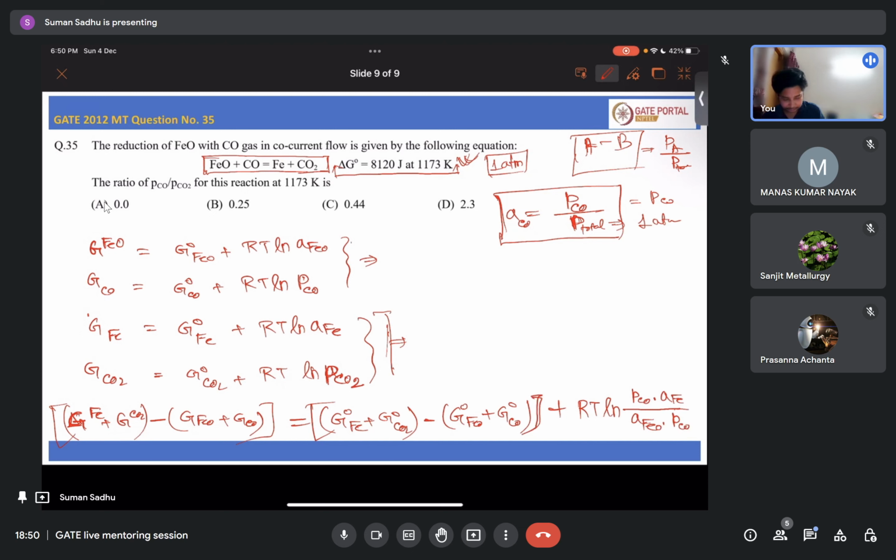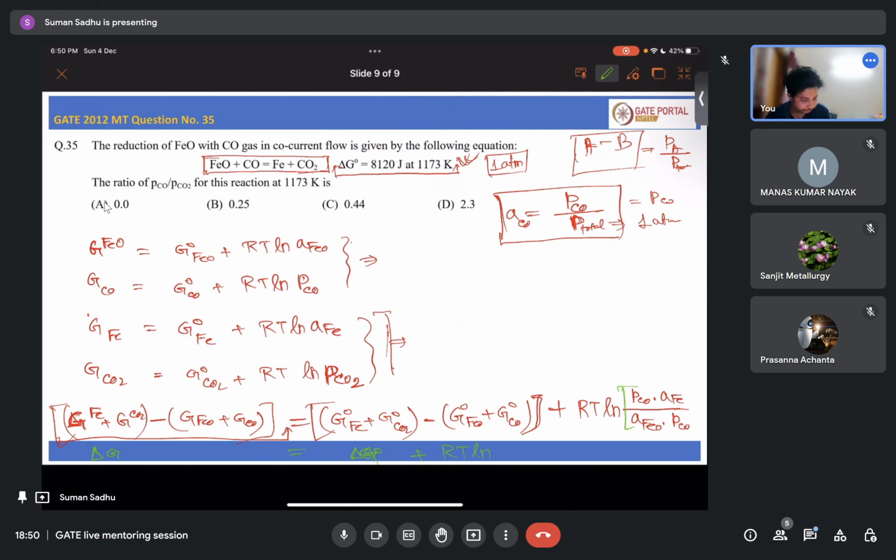So this one is termed as delta G, and this is delta G naught plus RT ln.